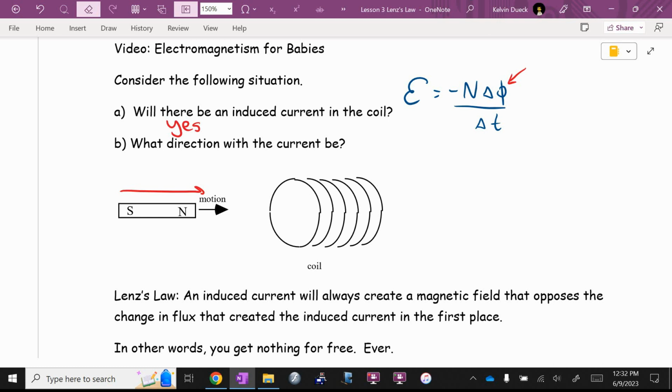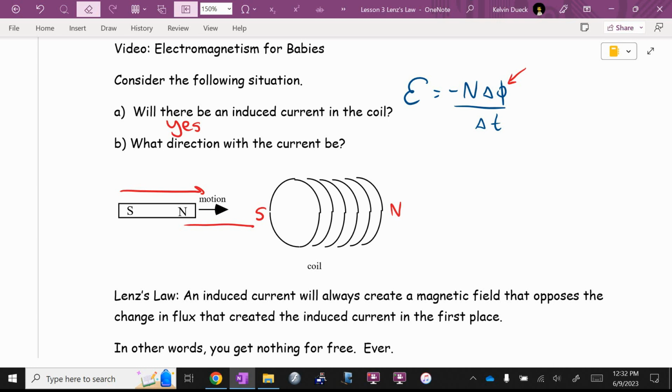Okay? Don't write this down. Here's our thought experiment. One possibility would be that we create an induced current with a north pole right here and a south pole right here. One possibility. But what would happen between this north pole and that south pole? Are they like or unlike?